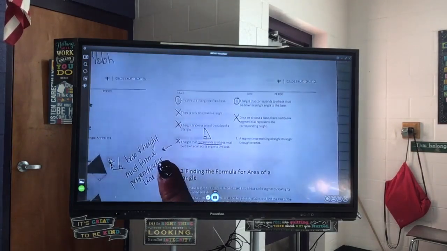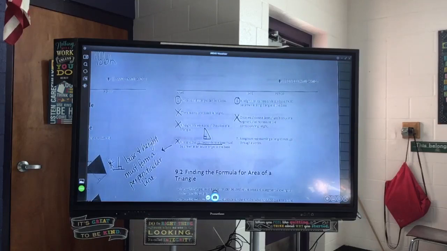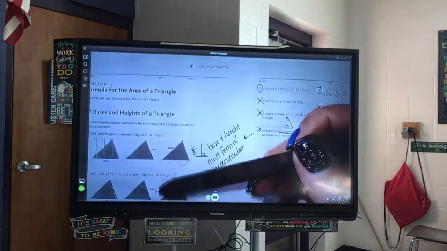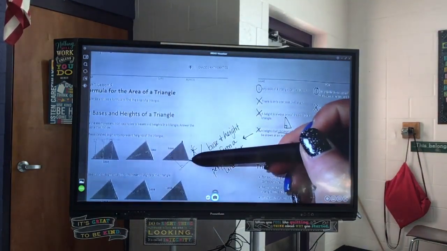And number 7, it says a segment representing a height must go through a vertex. Stand up if you think this is true. All right, so refresh my memory because I have forgotten. What does the word vertex mean? I don't need to know that you don't know. I just simply need you to raise your hand if you think you do know. Is that the corner of a shape? Right, so it's essentially the point. So it's saying that every height must go through this point on your triangle.